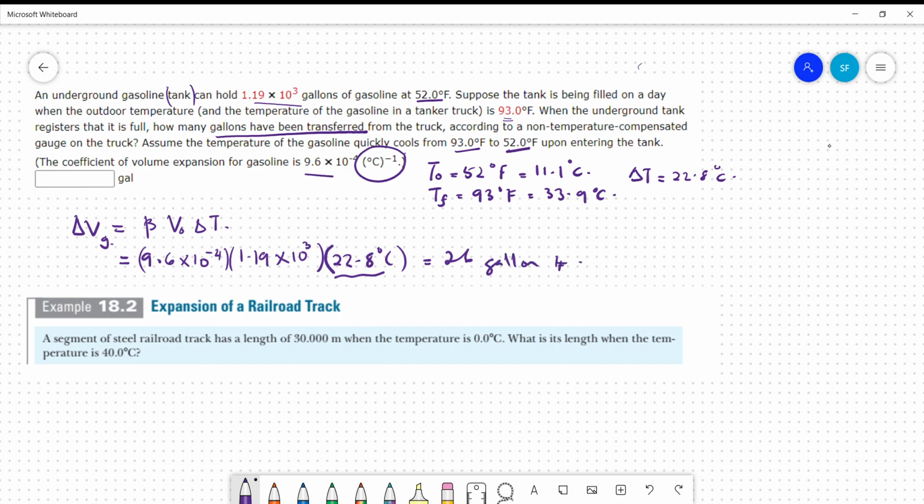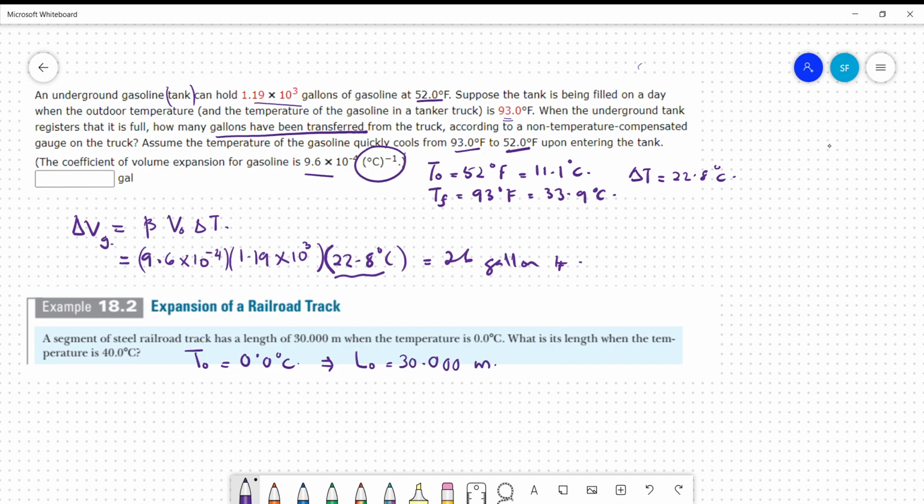Example 18.2. A segment of steel railroad track has a length of 30 meter when the temperature is 0 degree Celsius. So this will be the initial temperature, 0 degree Celsius, and L naught at 0 degree Celsius, the initial length, is 30.000 meter.